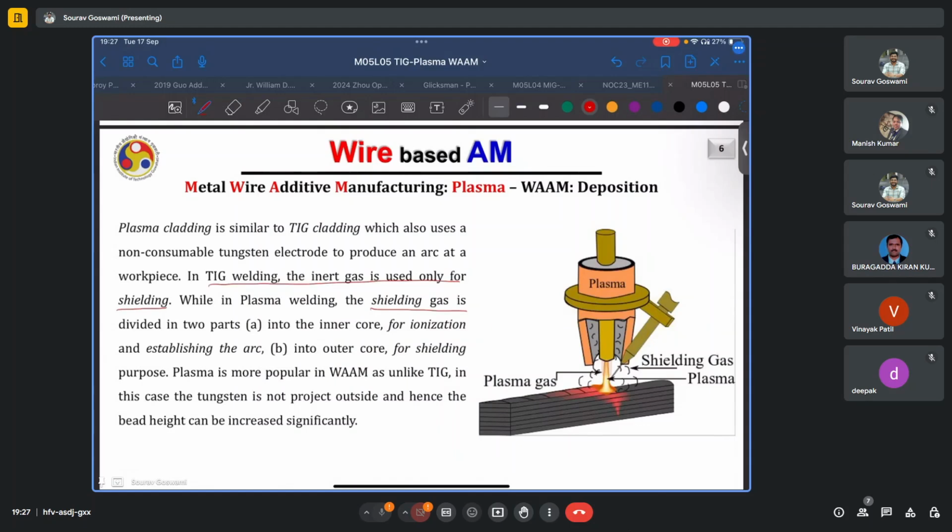So now this region is also cold. It has an annular section, and you have gas flowing into this annulus and coming out from here. This serves the purpose of ionization and establishing the arc. And this argon gas is also fed into this outer annulus, or maybe I should highlight it with a different color.